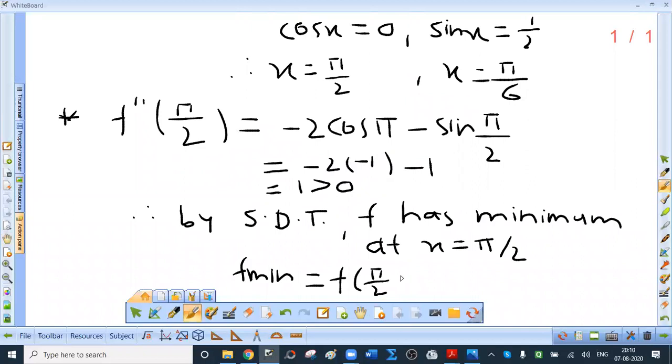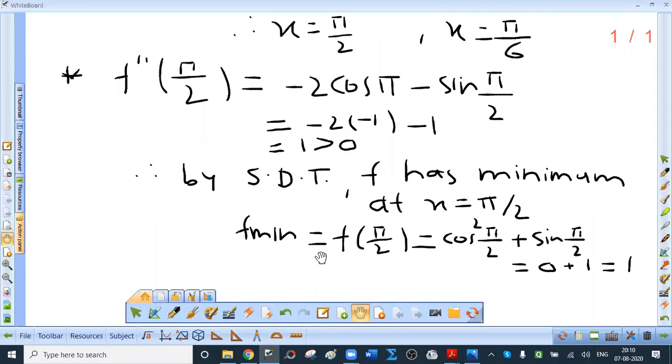Remember, this is the value of the function and not of the first or second derivative. In fact, the first derivative at pi by 2 is 0. So cos square pi by 2, which is 0, plus sin pi by 2. So this is 0 plus 1 equal to 1. So this is the minimum value.